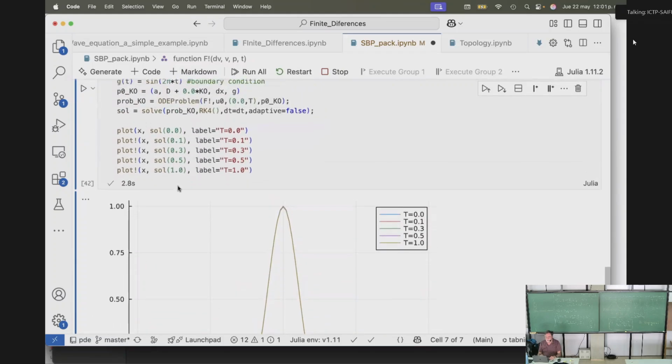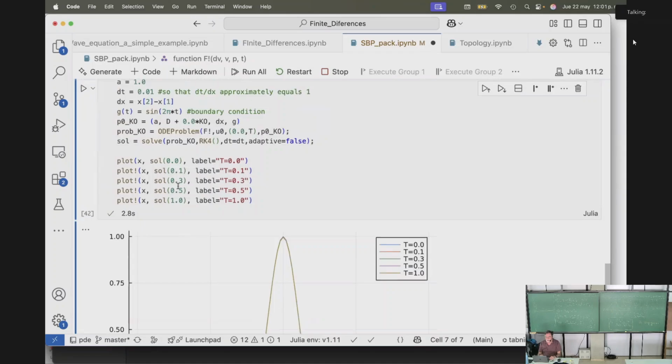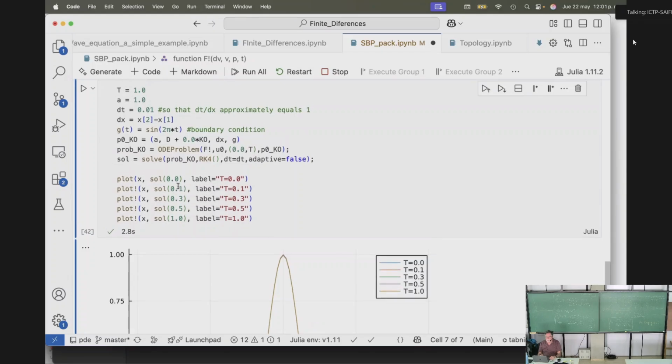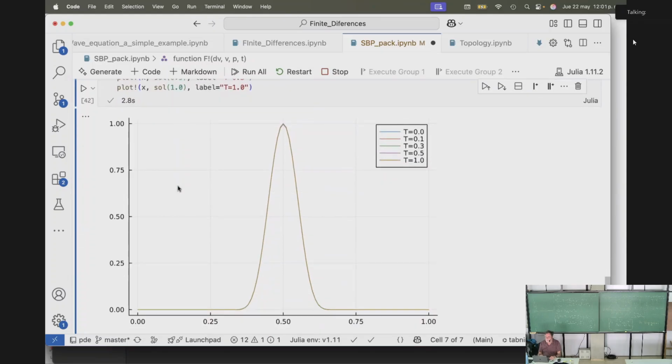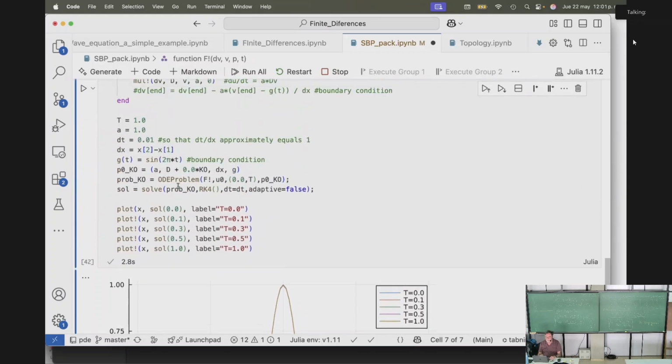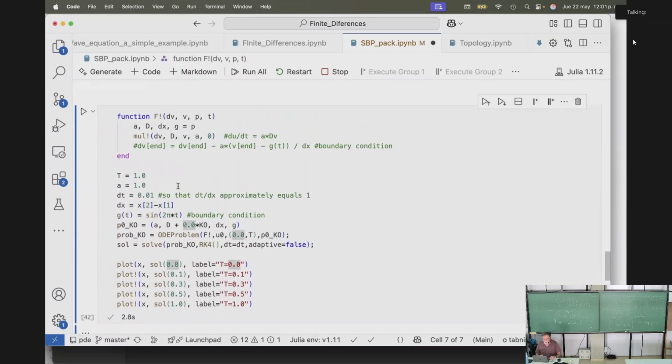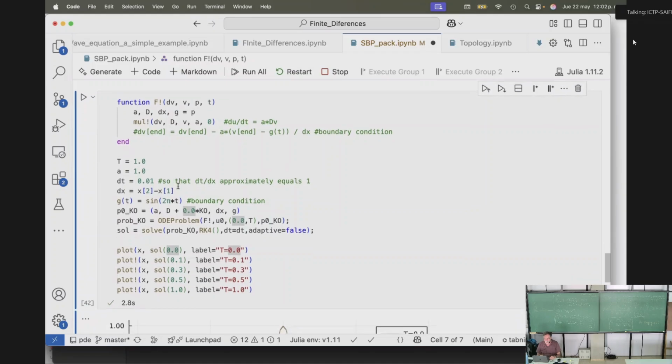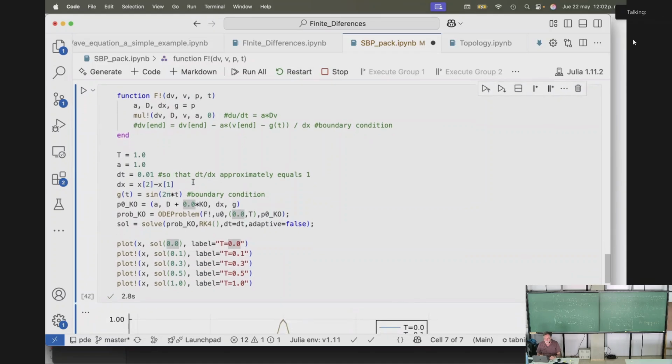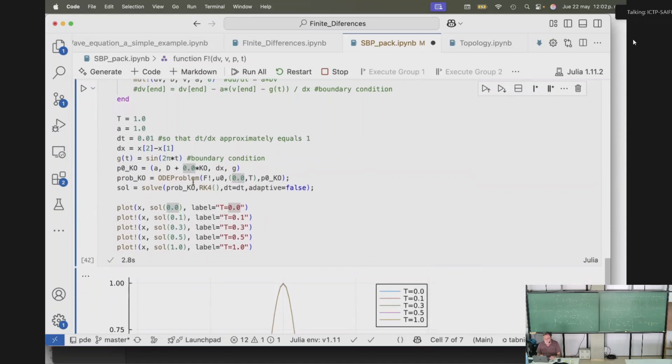What happens? I did something wrong. It was working very well. A is 1, T is 1, dx, c.